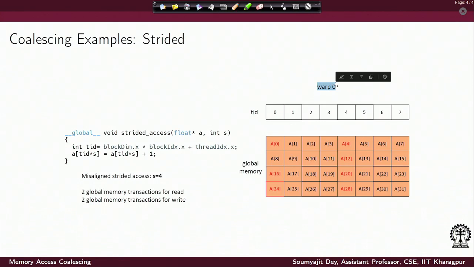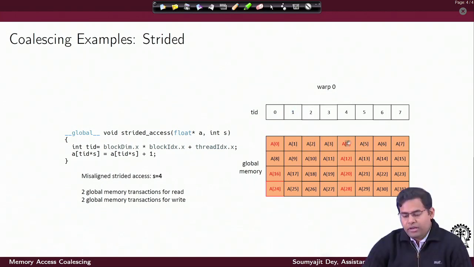For warp 0, again considering 8 threads inside warp, look at TID 0, it is looking for accessing A0, but what about TID 1? Since S equal to 4, it is going to access A4. So, overall now the access is spread across this entire memory block. So, for the 8 threads, each of them are accessing a position shifted by 3 from the earlier thread.